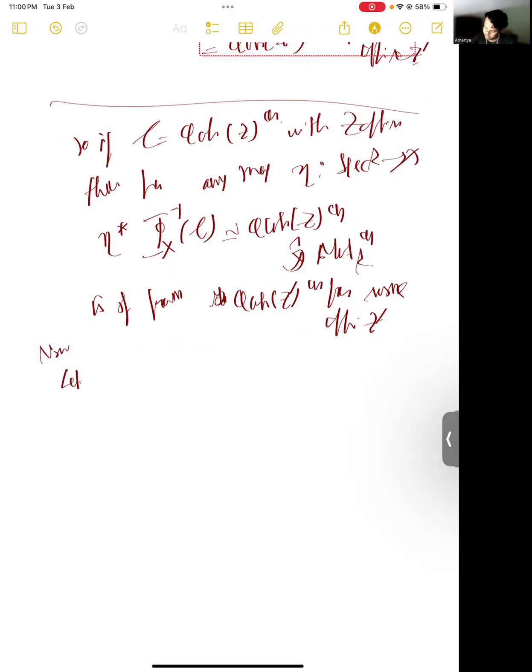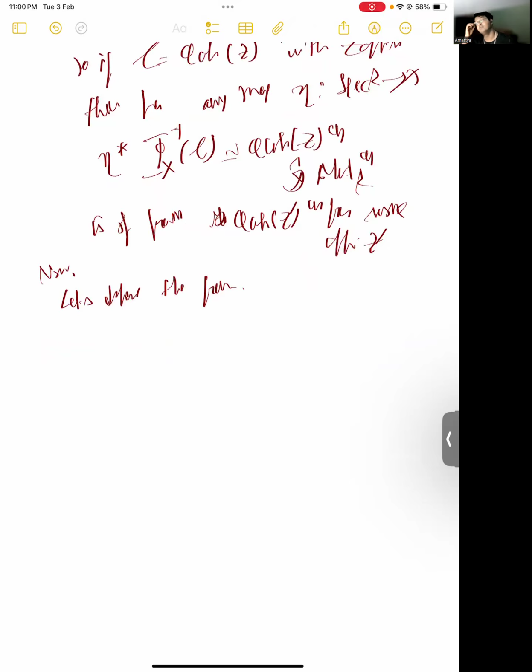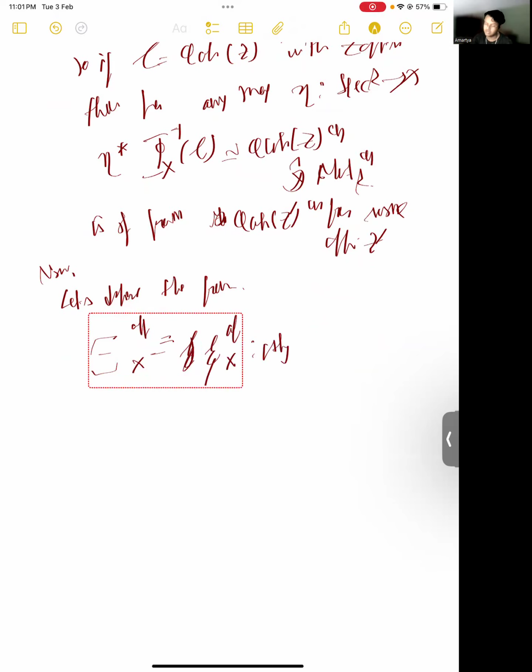Now let's define the functor. This is like the comparison functor. For me personally, I don't really remember what this Greek letter is called. I think this is the notation Stefanich used, so I'll be using something that I remember, psi, I guess, psi f x, something easier.